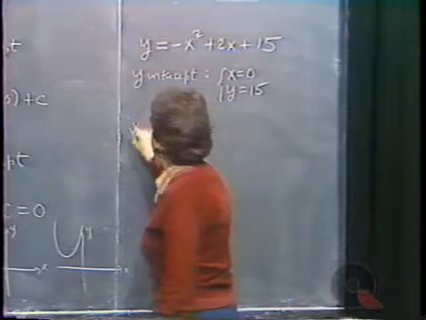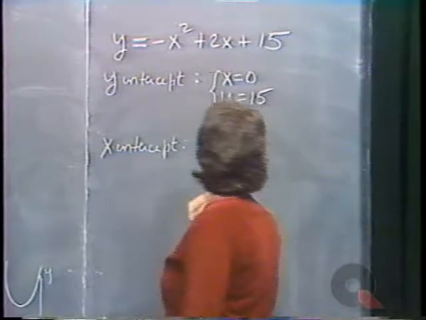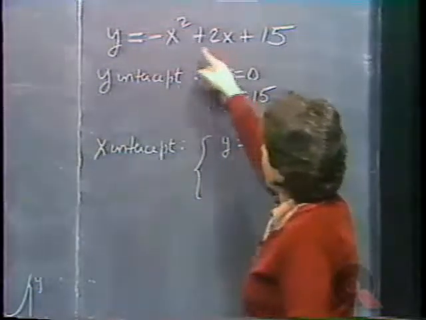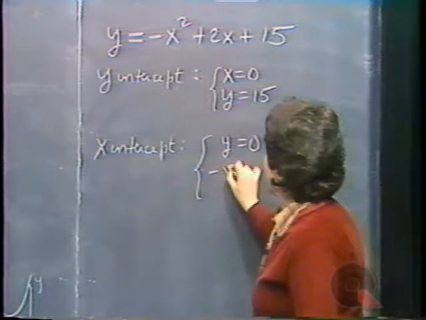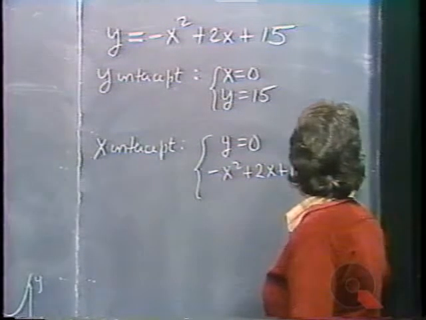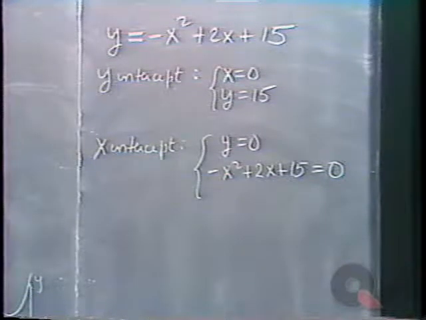To find the x-intercept, we set y equal to 0. And if y equals 0, we get minus x squared plus 2x plus 15 equals 0. We have a quadratic equation in x. I would like to solve for x.